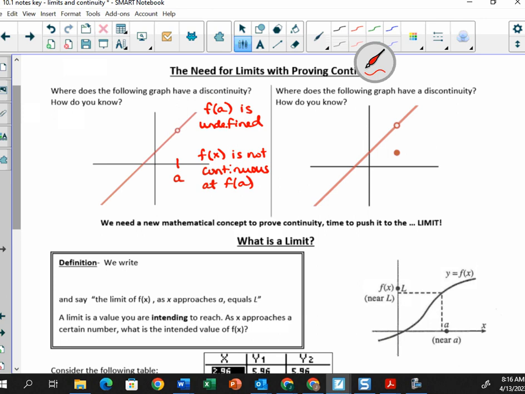Now, the second one, there's A again. So this time, f of A is defined. There's actually a function value at A. It's just not on my line here. So f of A is defined.